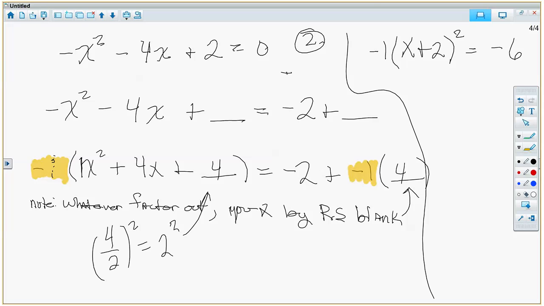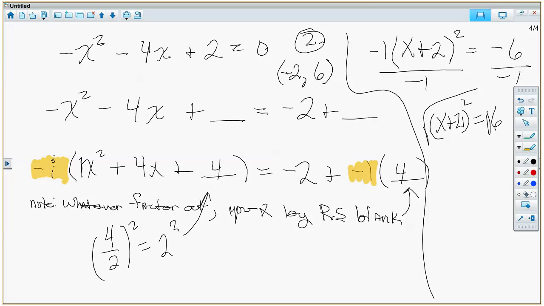The vertex is (-2, 6). So there's our two: the vertex and our y-intercept. Now solve. Divide by -1. The quantity x plus 2 squared is equal to 6. Take the square root. x plus 2 is equal to the square root of 6. The square root of 4 is 2.